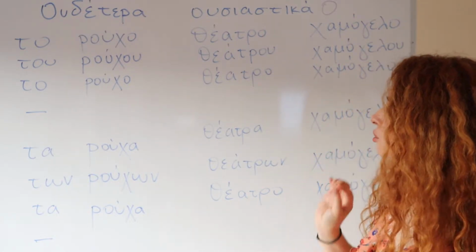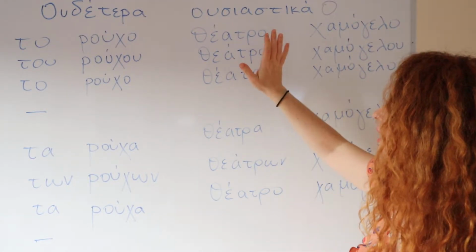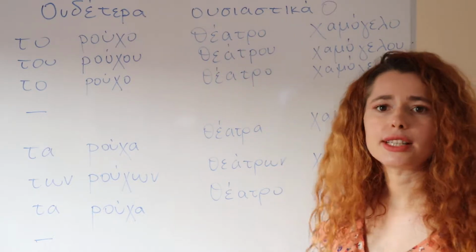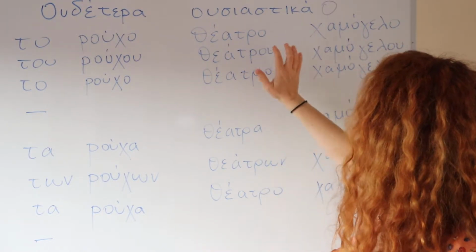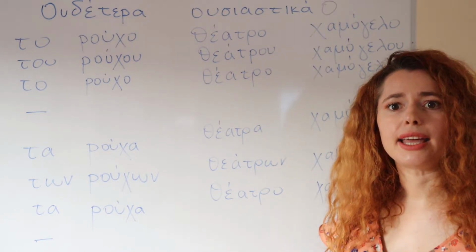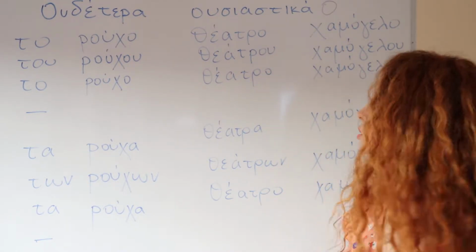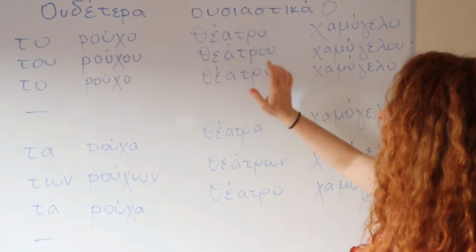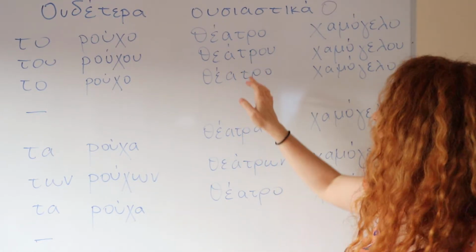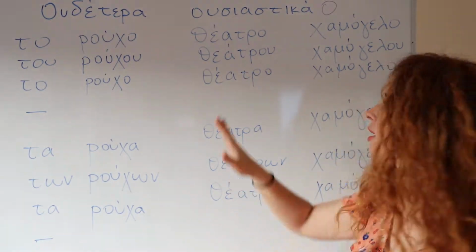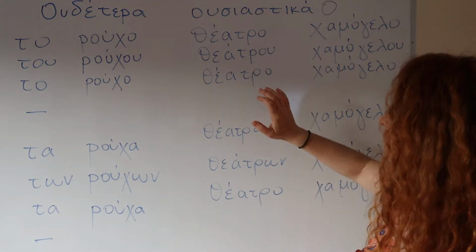Now let's see a neutral noun with ending of O that has the accent on the third syllable from the end, where all the accents stop. And that's το θέατρο, the theater. Το θέατρο, του θεάτρου, the accent drops one syllable down and goes on the second syllable from the end. So of the theater, του θεάτρου.